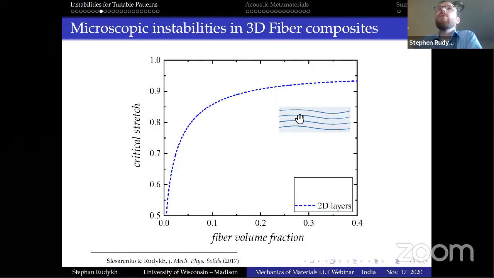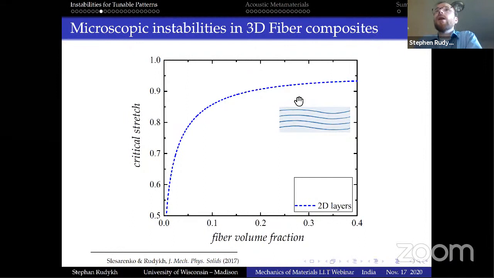Again, this is for long wave, and that's why I put this illustration here to indicate that what you see is that the critical stretch is 1, meaning that the material is undeformed, and then when you increase the compressive deformation along the layers, at a certain point, depending on the volume fraction in the material composition, you will meet this curve, and that's where the material is predicted to become unstable, and all the region under this curve is unstable.